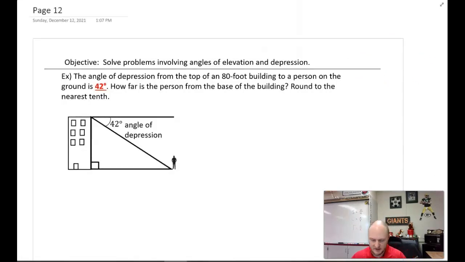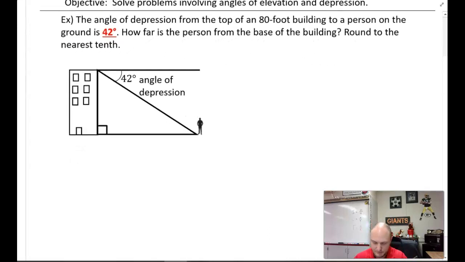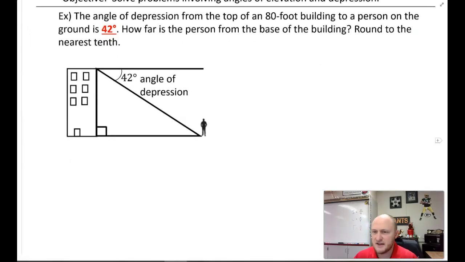Okay, here is our first example. They say the angle of depression from the top of an 80-foot building to a person on the ground is 42 degrees. How far is the person from the base of the building? Round to the nearest tenth. Okay. Angle of depression from the top of an 80-foot building. Okay, so I know that this building here, this distance is 80.